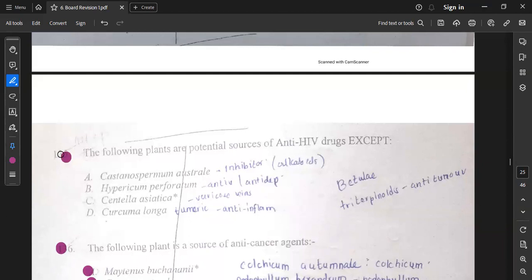Okay. What about A and C? Anyone has looked them up? I feel like if you look them up, you're going to find all of them have antiviral activity.